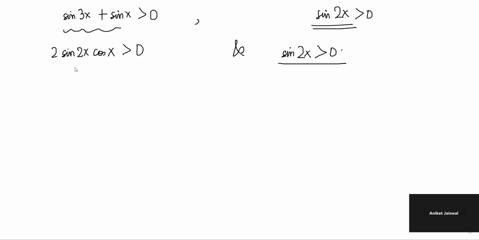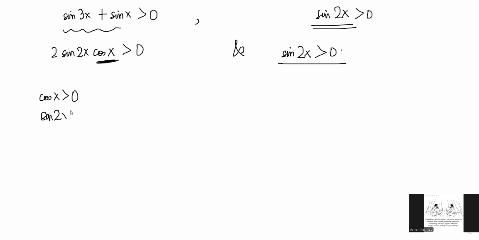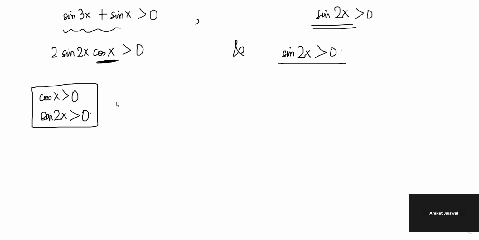Yes, sir. So if sine 2x is positive, then this part also must be positive, right? Cos x will also be positive, sir. So our total condition is basically cos x is positive and sine 2x is positive. All the x which satisfy this will be part of our domain. Sir, if cos x is positive, then sin x will also be positive, sir.